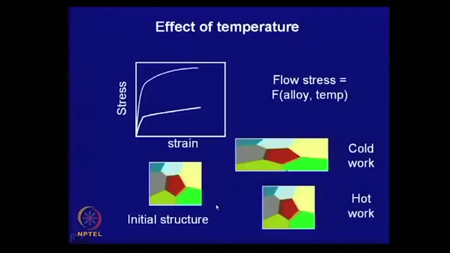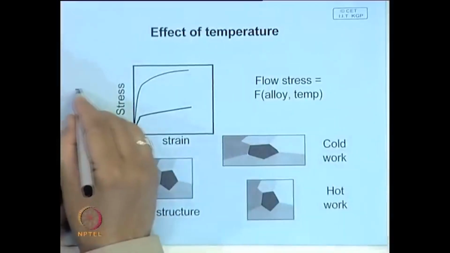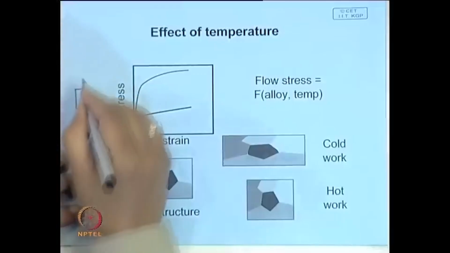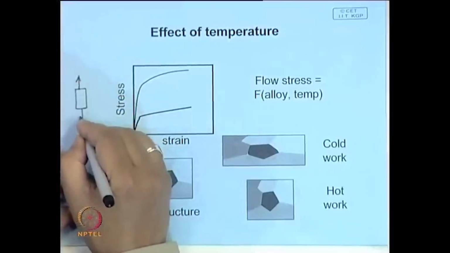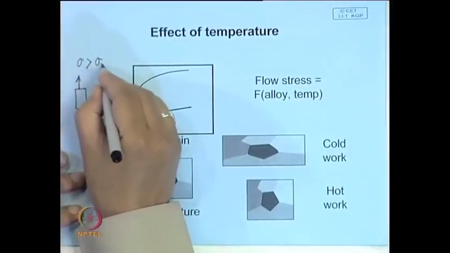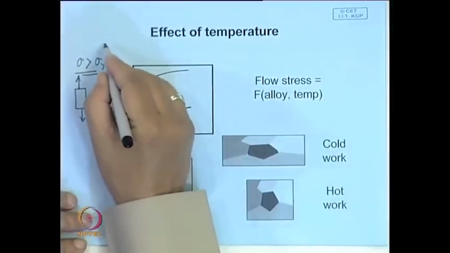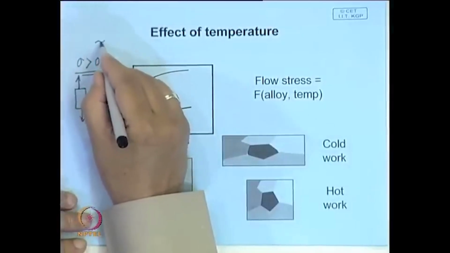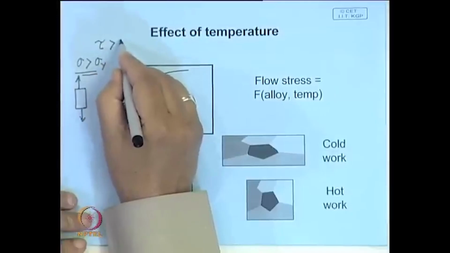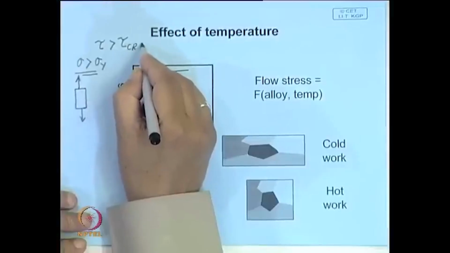Now, let us see why a material deforms. We have talked about it earlier in detail, and we have seen that when you apply stress to any metal, whether tension or compression, after the stress exceeds a critical stress called yield stress, the material deforms. In case of single crystal, deformation takes place when the shear stress on a particular slip plane is greater than the critical resolved shear stress.